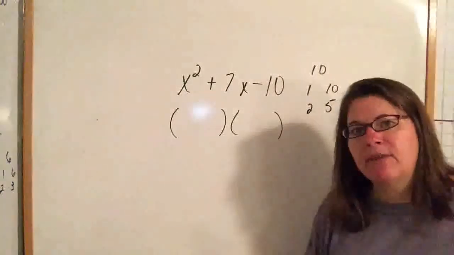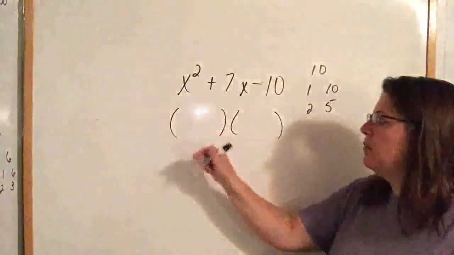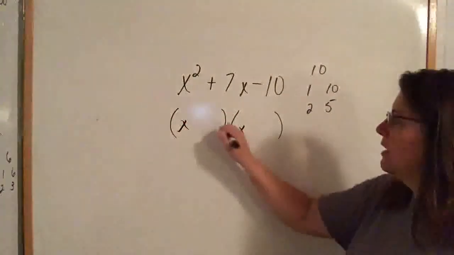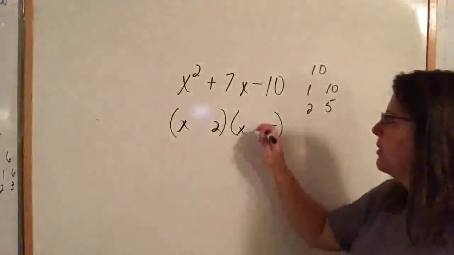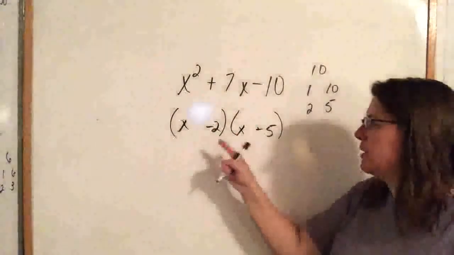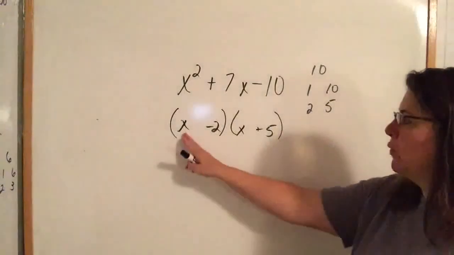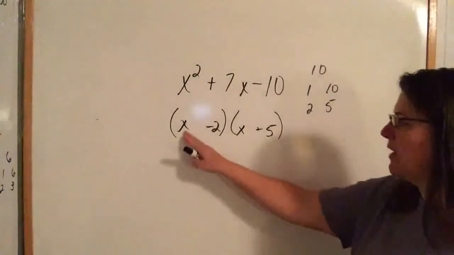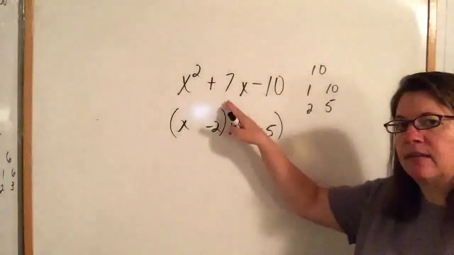A common mistake for this one is people will look and they'll say, oh, 2 and 5, that makes 7. And they'll put x and x, a 2 and a 5, and then they'll go to put the signs in and put a plus and a minus because the 5's bigger. Now think about what you've just done there. If I FOIL, x times 5 is 5x, minus 2x is 3x, not 7x.